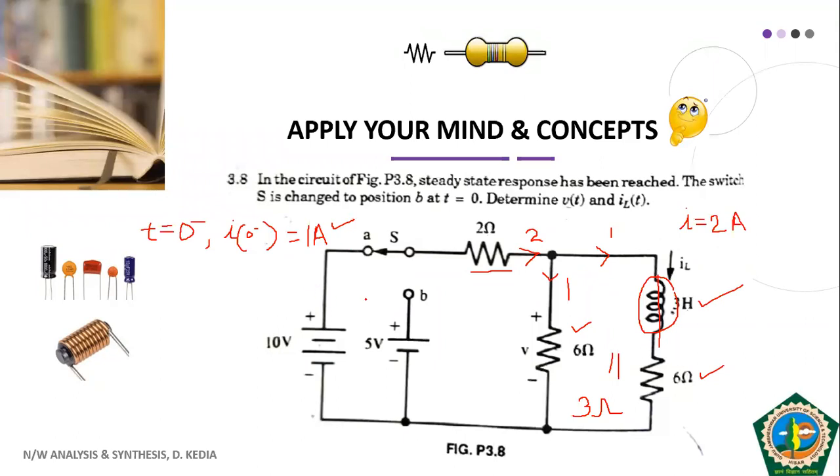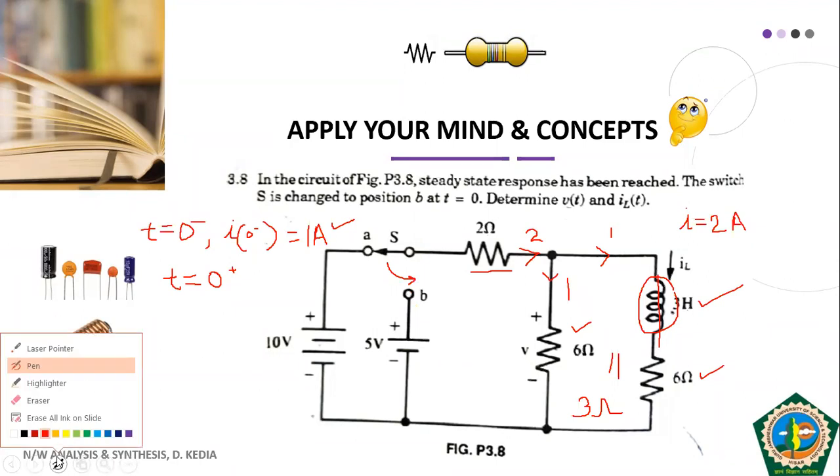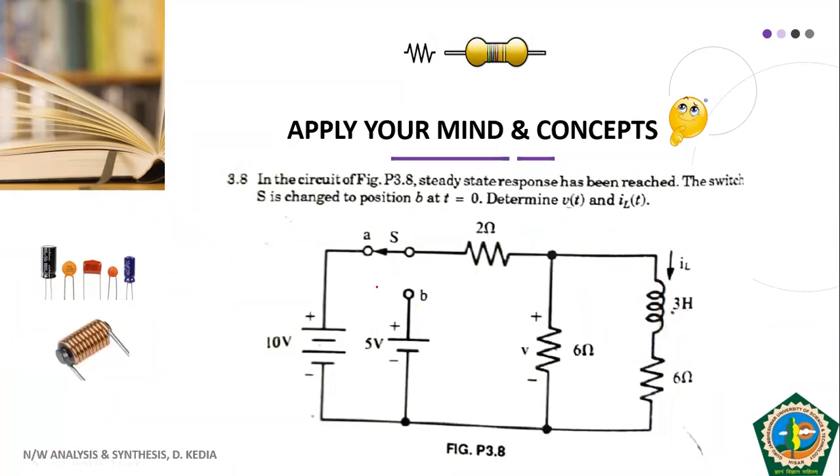Now we have to move to the condition of t equal to 0 plus. At t equal to 0 plus, we have moved our switch to position B. If we move the switch to position B, then this path is closed.